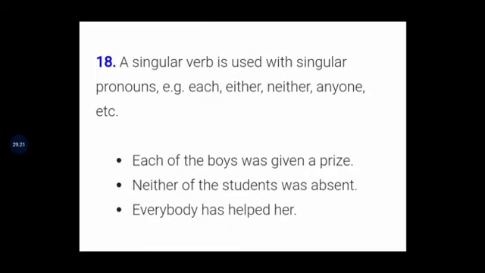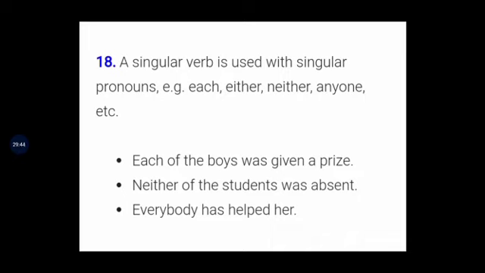Rule number 18. A singular verb is used with singular pronouns. Example: each, either, neither, anyone, etc. With a singular pronoun, we need to take the singular form of the verb. Each of the boys was given a prize.